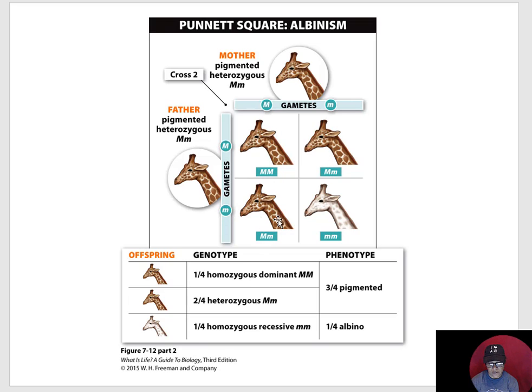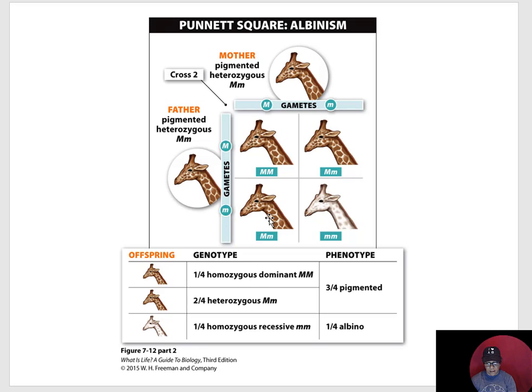Let's see what this individual's genotype is. We bring over, remember we always write by convention the dominant gene first, so we bring down this capital M first, bring over this lowercase m, and this individual is also heterozygous, but phenotypically will express the pigment because of the dominant pigmented gene.